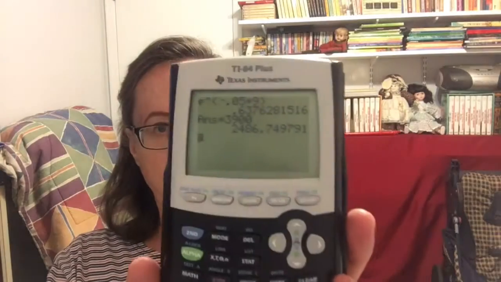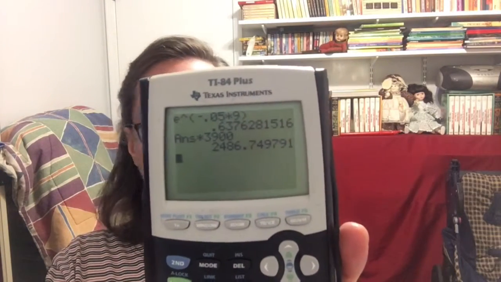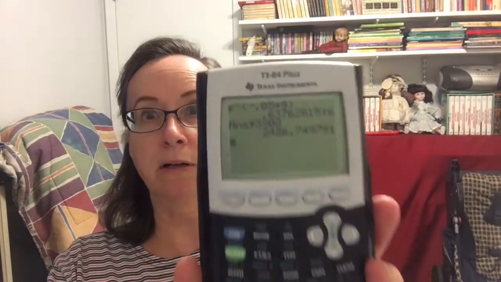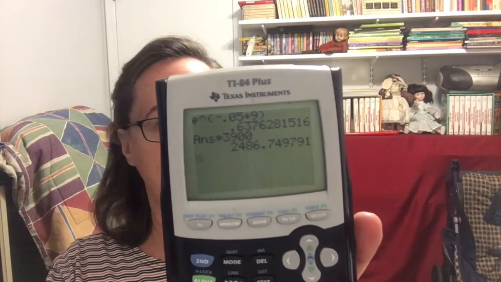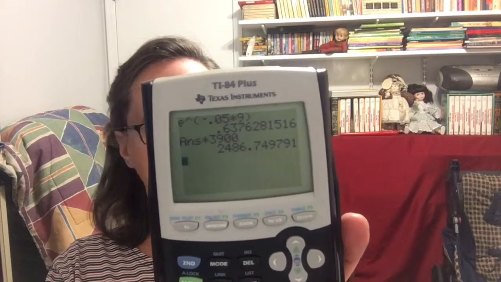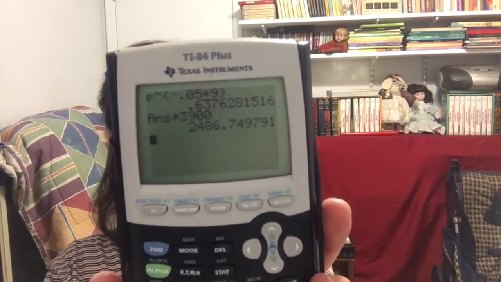Always do your exponent part first, and I get 2,486.75 acres, and they rounded that in the answer key to 2,487 acres.